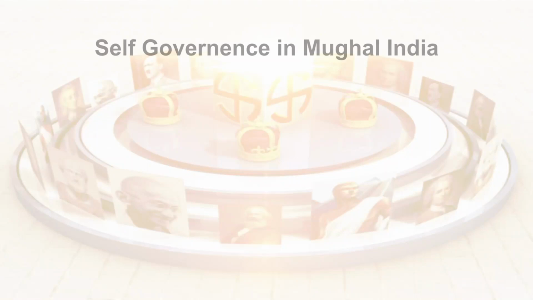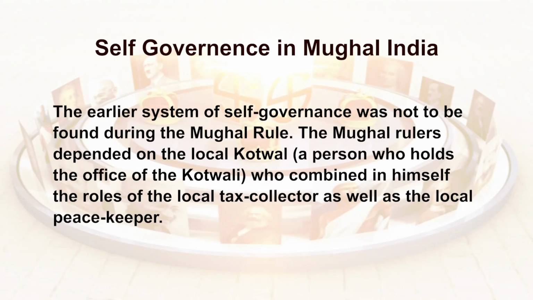Large towns came up all over India, or at least as far as the spread of the Mughal Empire was concerned, but the earlier systems of self-governance were not to be found there. The Mughal rulers depended on the local kotwal, a person who holds the office of the kotwali, who combined in himself the roles of both the local tax collector and the local peacekeeper.